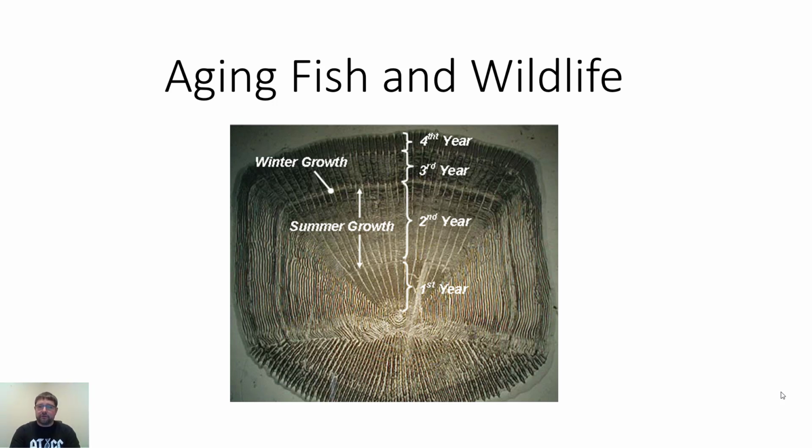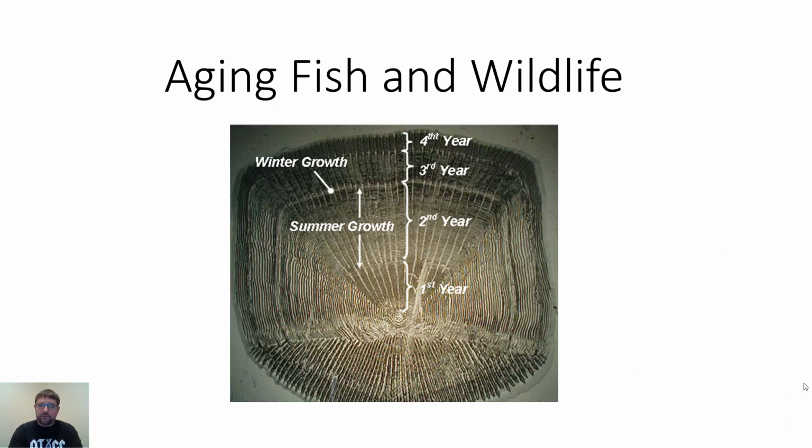That being said, there are still ways at which you can age different organisms. It just happens to be that the way that you age an organism really depends on whether or not that organism grows throughout its entire life, or whether or not that organism stops growing at a certain point in time.